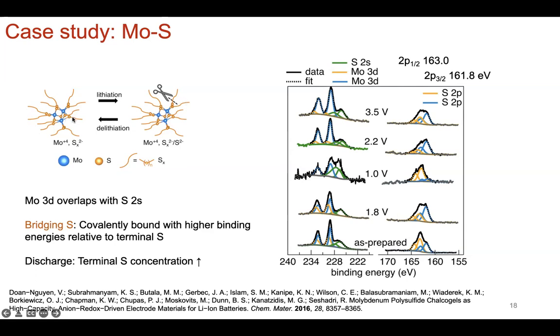And the role of the molybdenum is to anchor the polysulfide so that they don't go over to the anode as much. Right? So what we're trying to understand from XPS is how these chains are moving around, and what are the quantitative relative values of these chains that are breaking and forming.